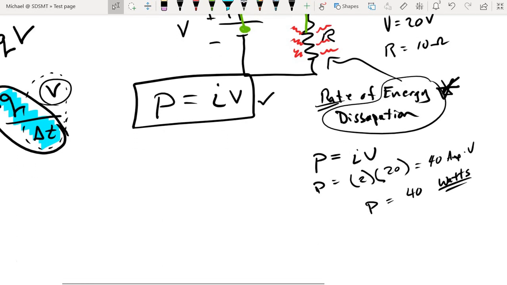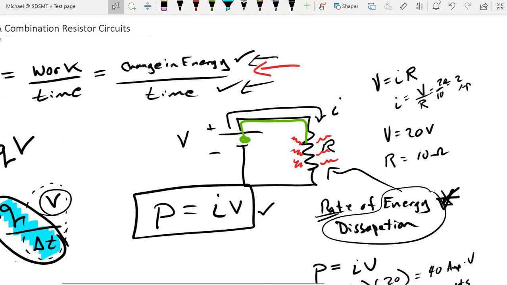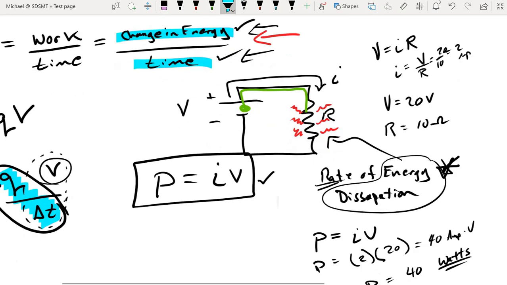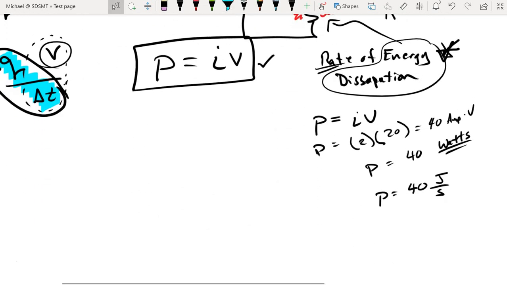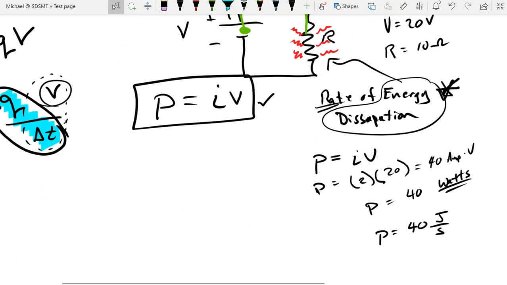So that resistor is basically throwing away 40 watts, or another combination of units that we can use are joules per second, because that is the definition that we get up here. Energy is in joules, time is in seconds, so joules per second. So our resistor is throwing away 40 joules of energy every second.